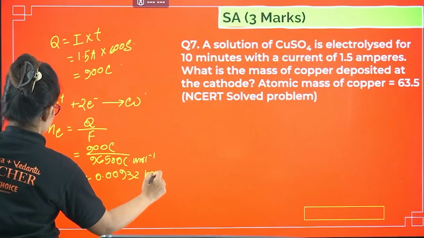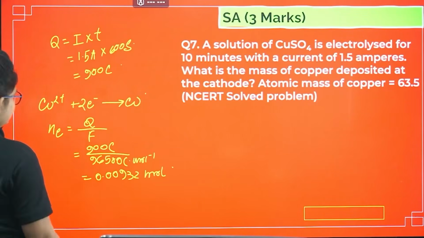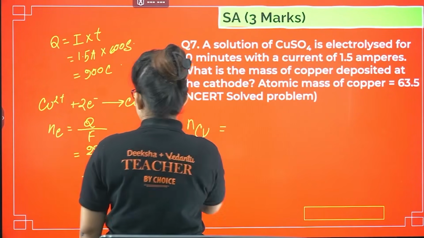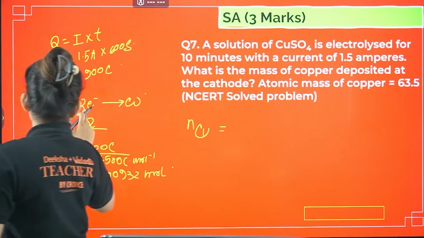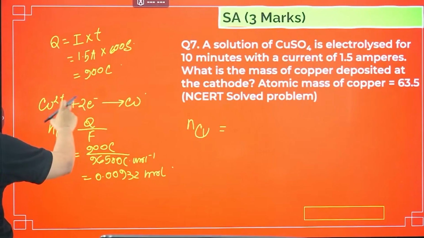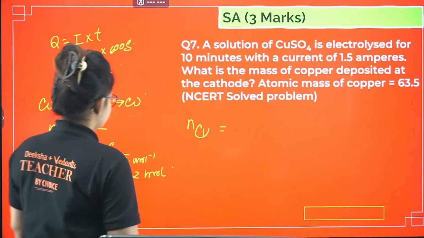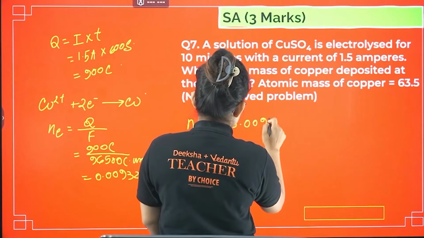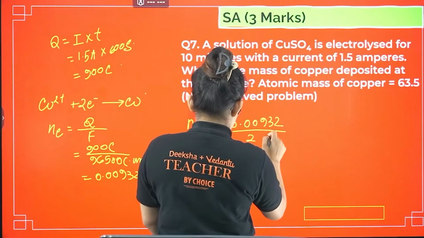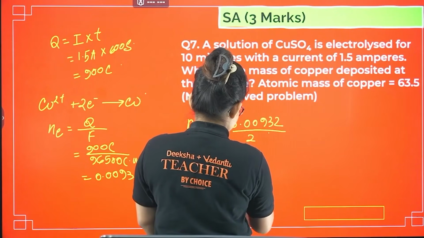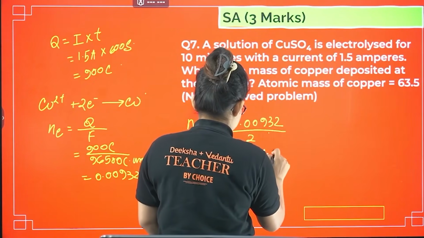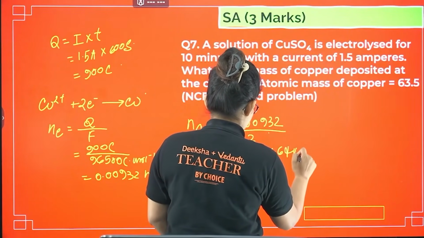From here I will get 0.00932 mole. Now I have to find the number of moles of copper. If 1 mole of Cu2+ requires 2 moles of electrons, the number of moles of Cu must be 0.00932 divided by 2, which is 0.00464 mole.